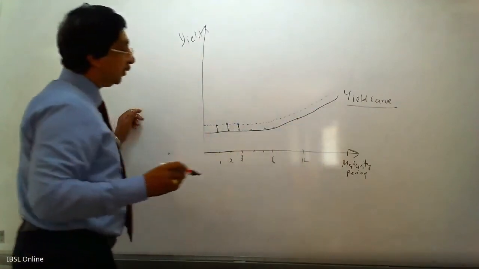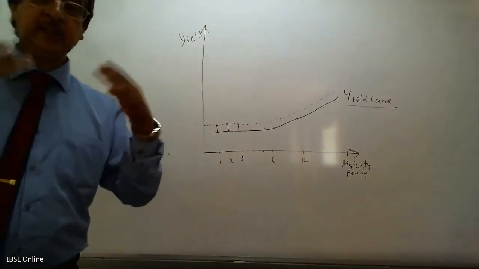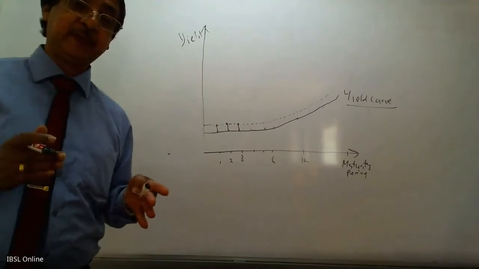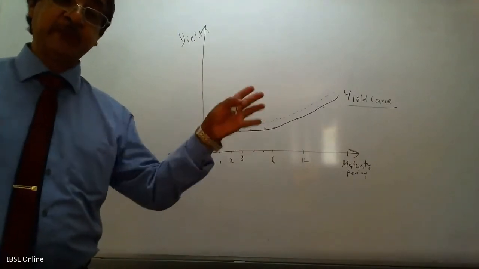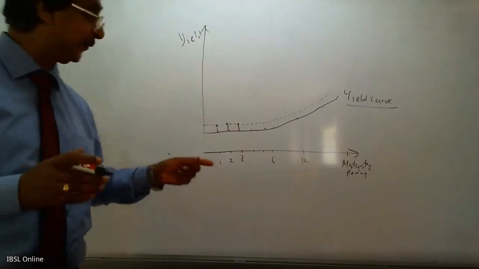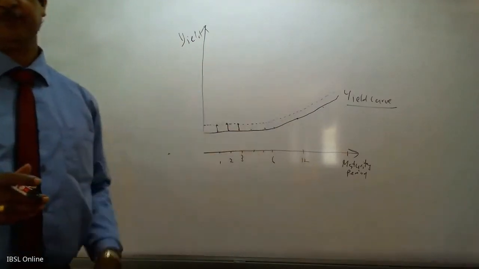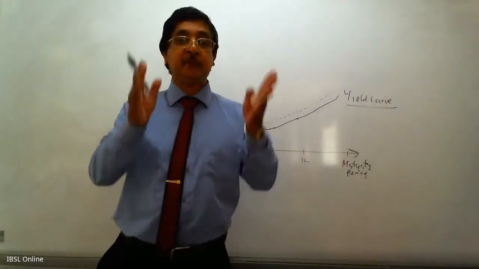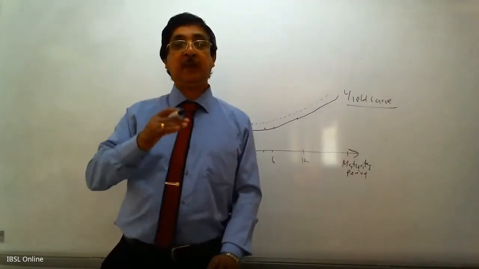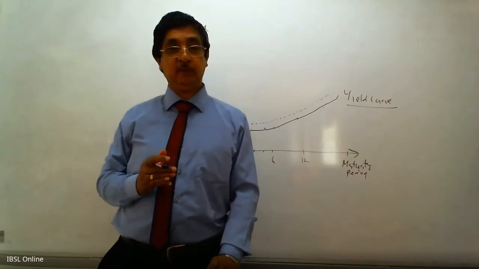Now I put on dotted lines the yield curve after the increase of interest rates, but all the rates in every maturity being increased by the same amount. So therefore, it is a parallel shift. We call it parallel upward shift of yield curve.